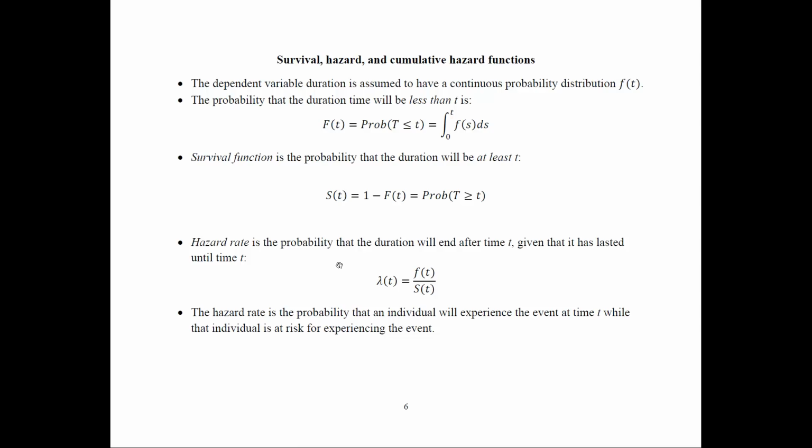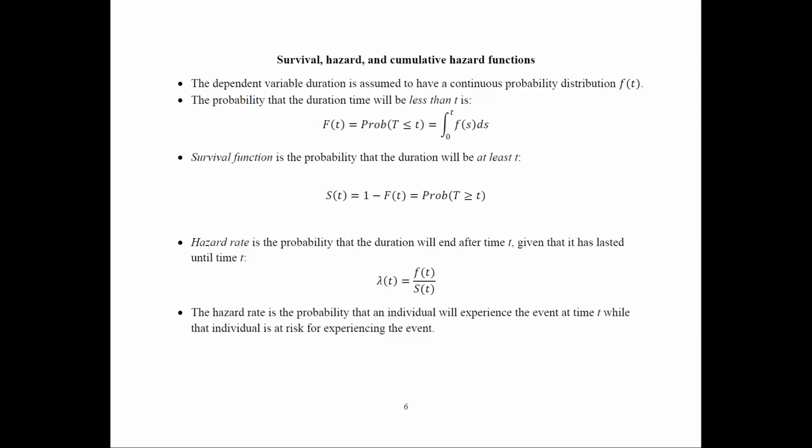So the hazard rate would be the probability that the duration will end after t, given that it has lasted until t. So this is what is the chance of a failure at that time, but given that it has lasted as long, given that that person has survived at least that much. And this lambda of t is a very important parameter, and those hazard rates, we will keep talking about them in the next slides.